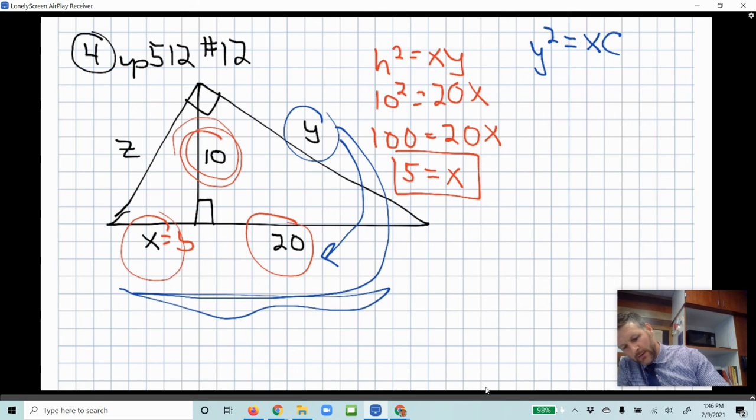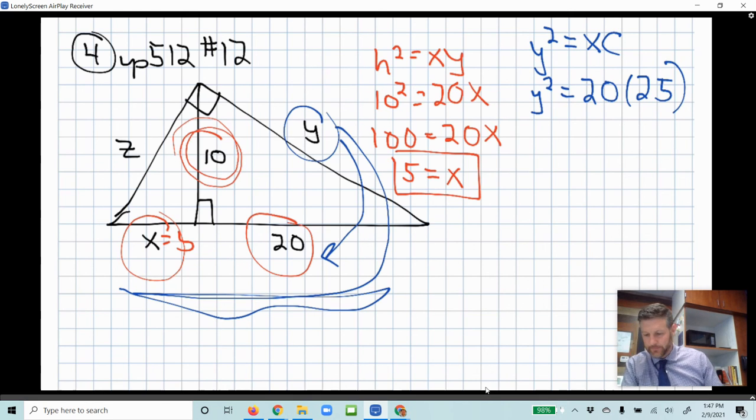If we remember, y squared is equal to xc. That might be a little confusing, but it means the closest number and also the entire side length. So we don't know y, that remains our variable, y squared, but that's equal to the closest side, which is 20, times the entire side together. This is where you could get tempted to just put 5, but it's not just 5, it's the entire side. So 20 plus 5, and that is 25 total here.